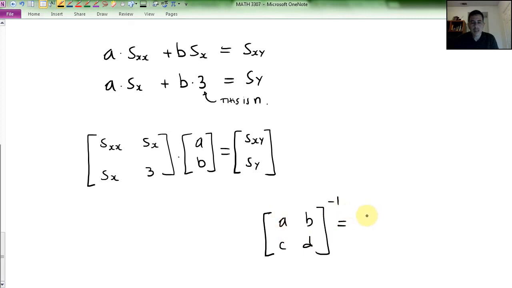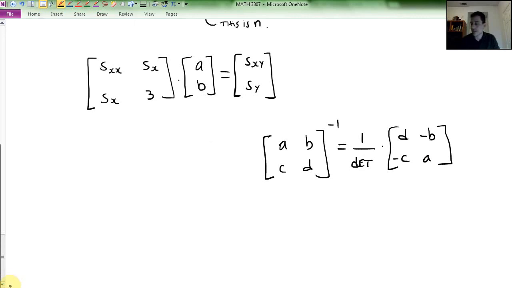That's 1 over the determinant, and then we swap D and A here, and then the opposite of B and the opposite of C. That's the formula for the inverse of a 2 by 2 matrix. So we can go ahead and use that.